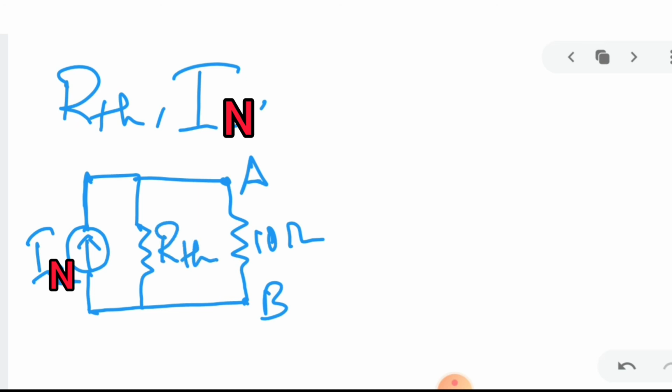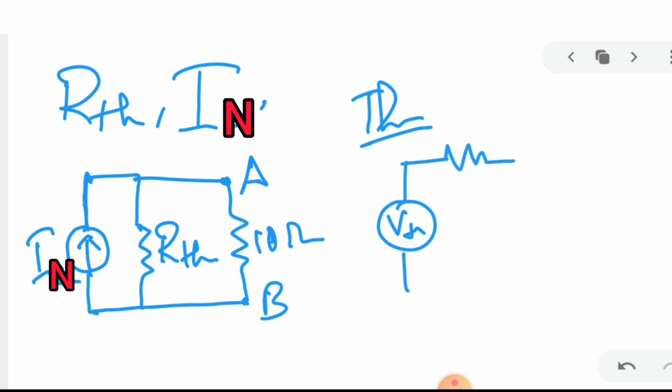In Thevenin's theorem, what we get is VTH and RTH in series, because we know that the resistance is always in series with the voltage source.